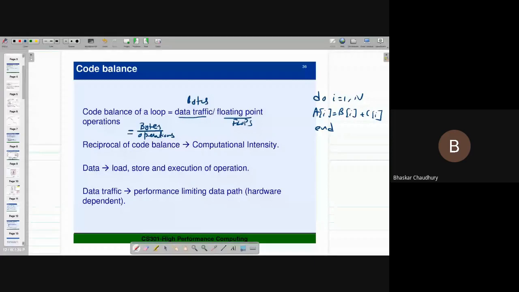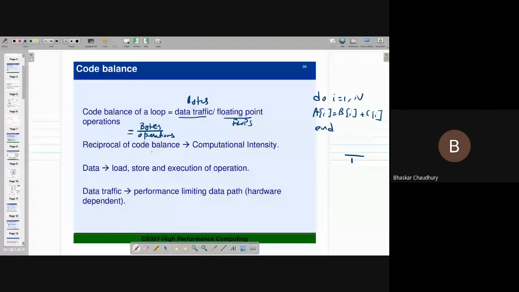If you look at it carefully, it depends on whether it's single precision or double precision. We're just doing one operation, and then how many bytes you are taking to achieve that. You can see two loads and one store, so that's 24 bytes.